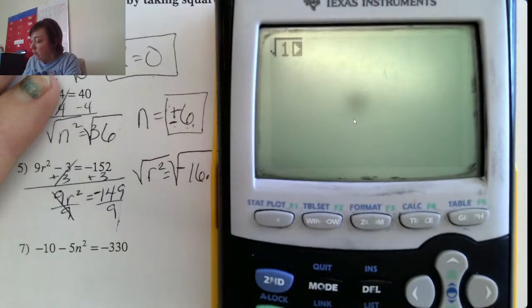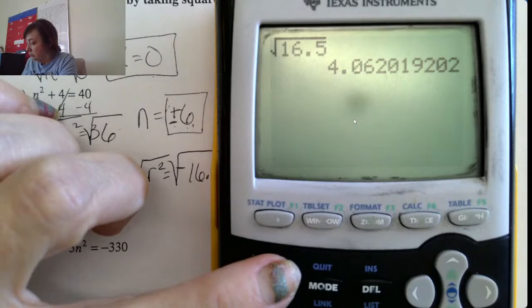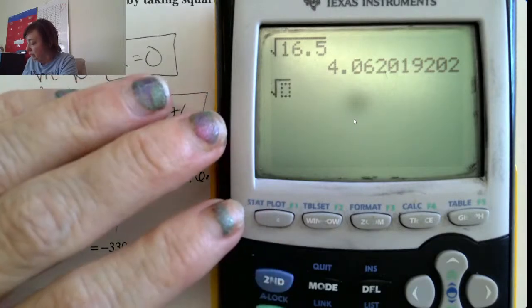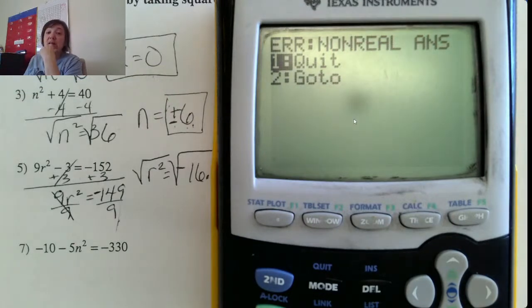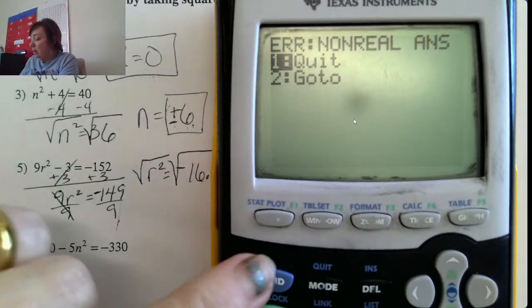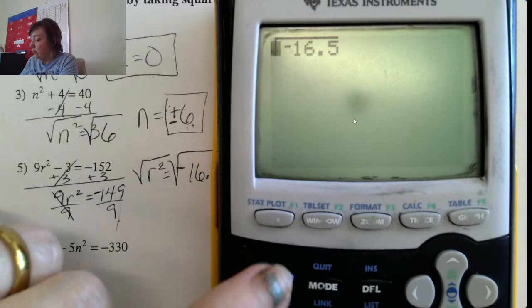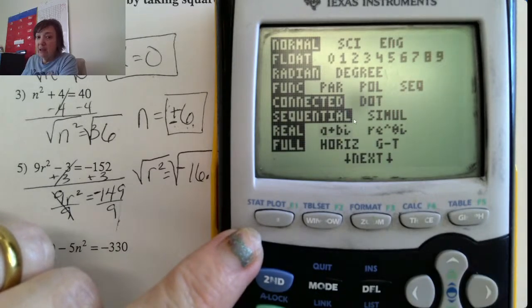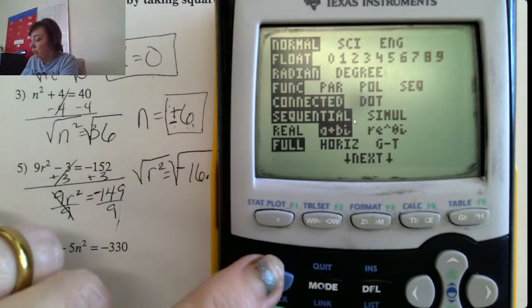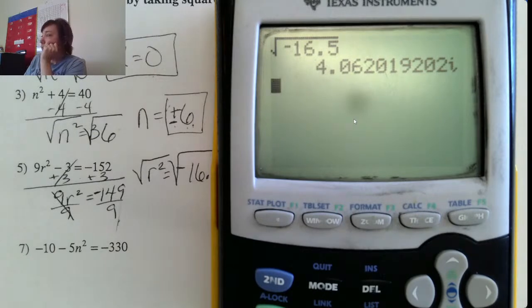You're either going to get this. See how it says non-real answer, right? Or possibly, if whoever had your calculator second period put it in imaginary number form, you might get this.